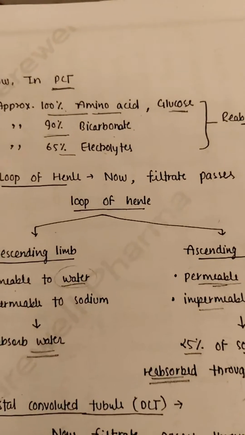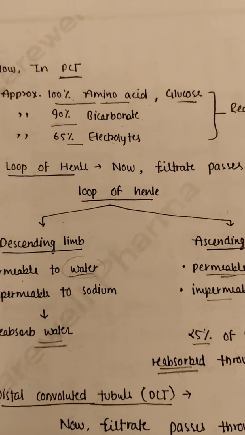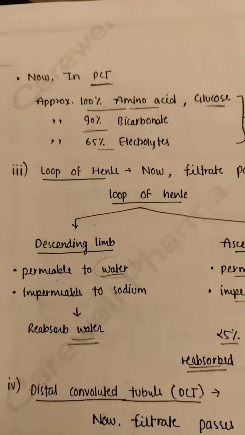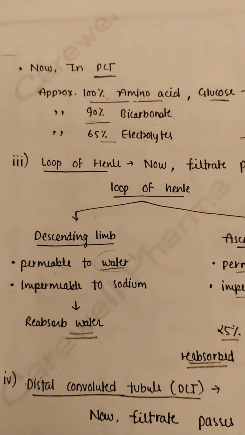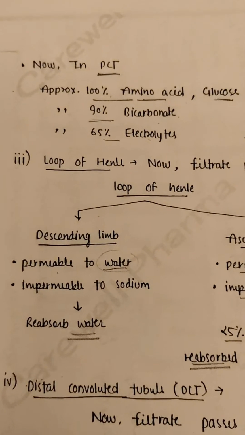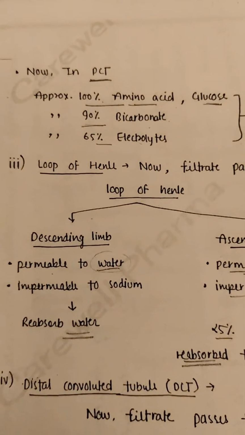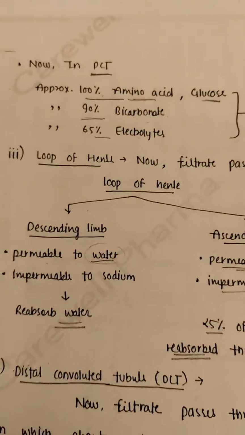So I am repeating: if ions enter the nephron, ultimately they go to excretion, and if they go outside from the nephron through the various channels, they are going to be reabsorbed.